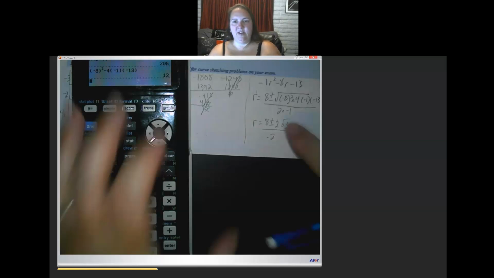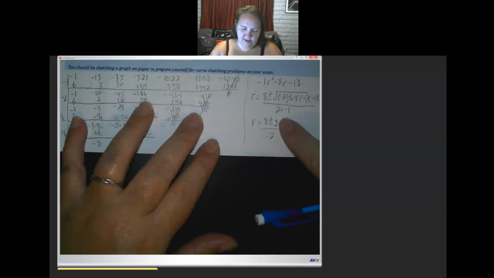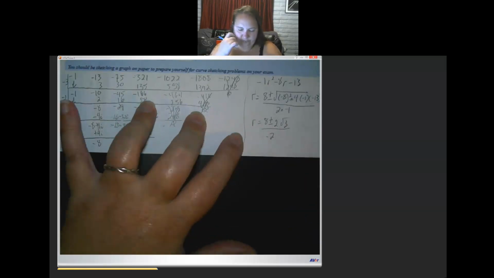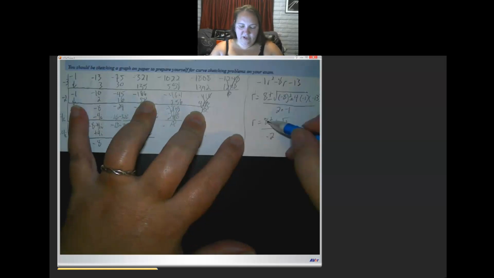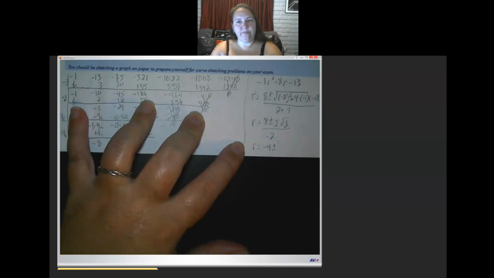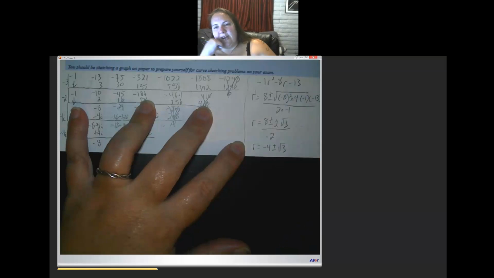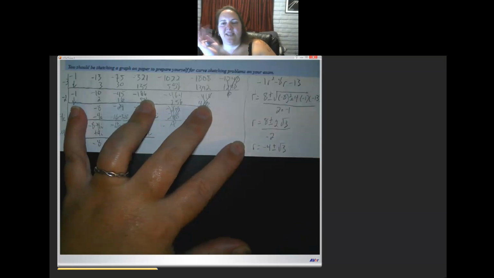Okay. Is there anything I could divide out of all three of these? Yes. So when you divide 8 by a negative 2, you get a negative 4. When you divide the plus or minus by a negative 2, the plus would become the minus and the minus would become the plus. So really on this side, you just have the rad 3. That plus or minus is unaffected by the minus because it's both of them.